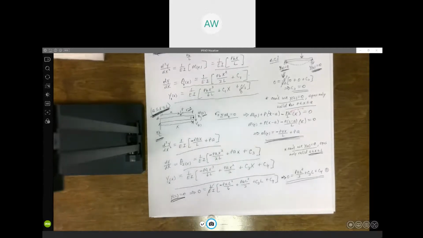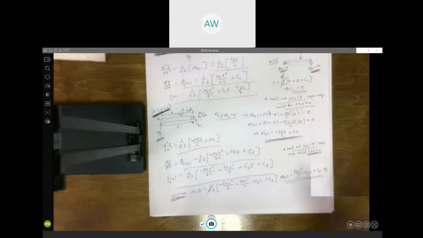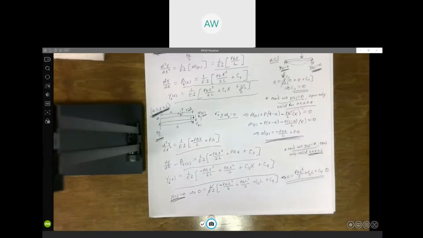So here's where we must employ what I mentioned yesterday. The book refers to as continuity conditions. Right? That's where we're going to get our other two equations from. And in just a second, I'm obviously got to get a new sheet of paper.